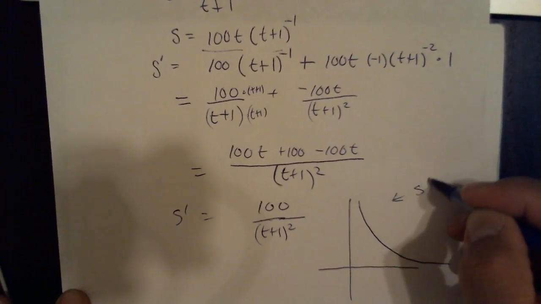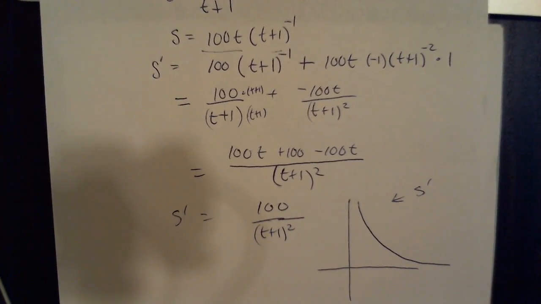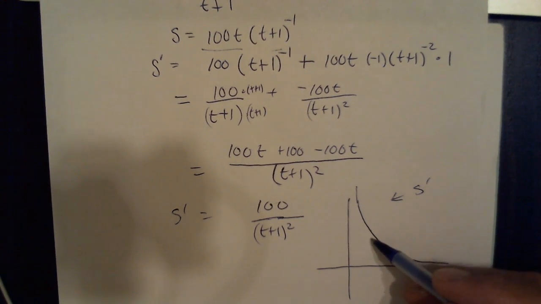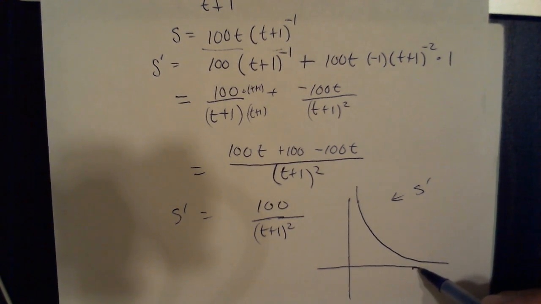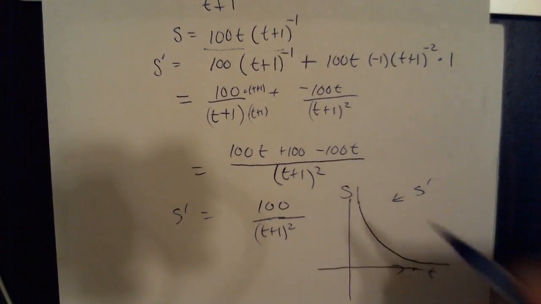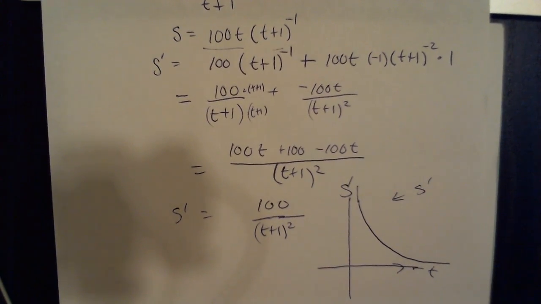This is the velocity function. So it looks like a marble rolling up a long incline. We can see here that the velocity starts out really high, and then it starts to slow down as the time moves forward. If this is t, and that's s prime, the velocity, as time increases, the velocity is decreasing as it's moving up the incline.